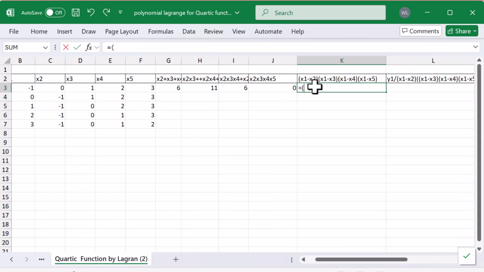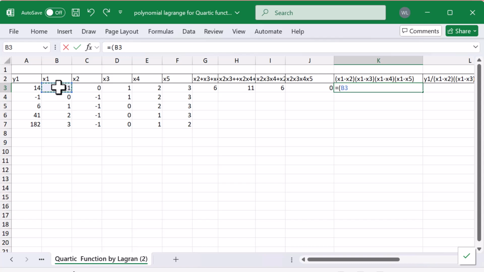Equal sign, parentheses, x1 minus x2, parentheses back, times, parentheses, x1 minus x3, parentheses back, times, parentheses, x1 minus x4, parentheses back, times, parentheses, x1 minus x5, enter.